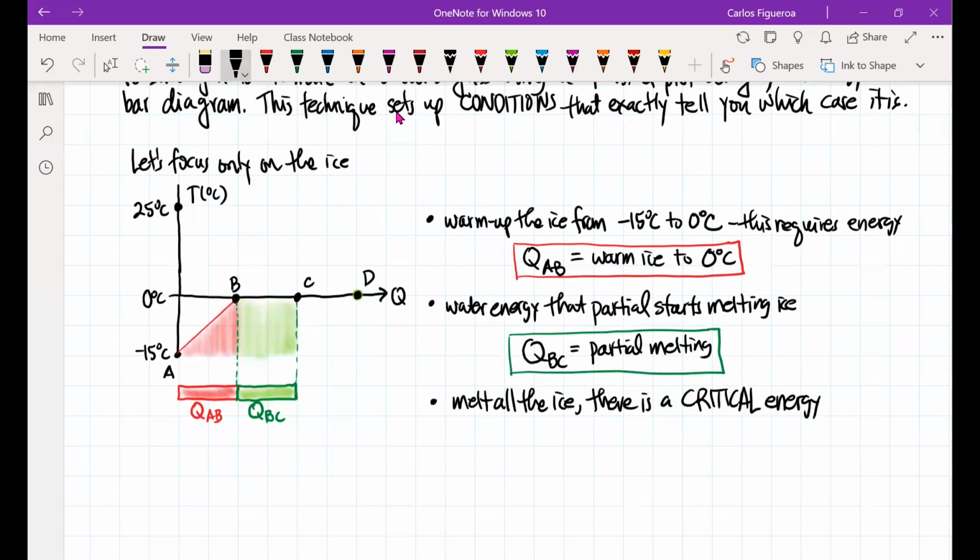And this critical energy is what I'm going to call QAD. So it's not from B to C. It goes all the way from A all the way to D here.